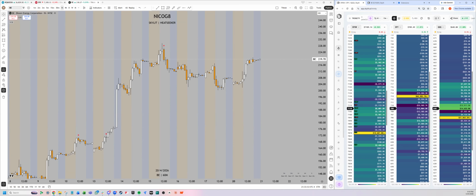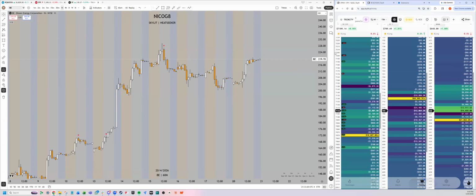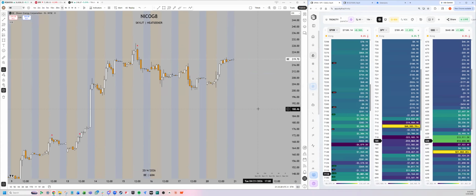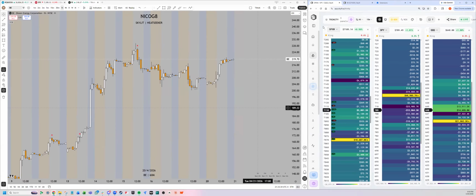PV. Oh, can I make Trinity bigger and the chart small? Oh, yeah. I don't know, like this. I zoomed in further, so hopefully that's better.